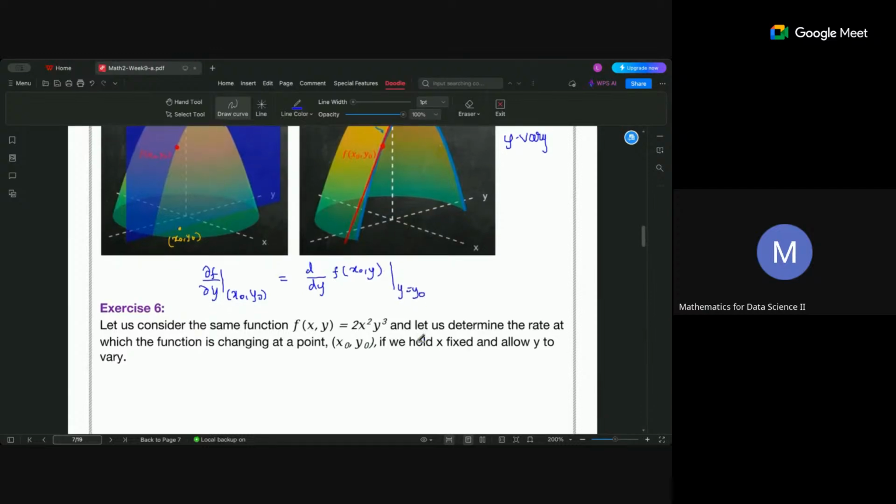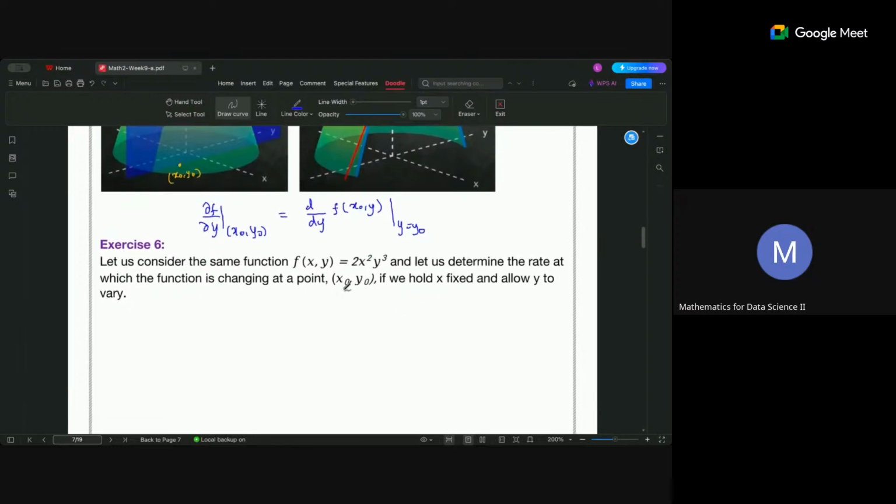Whatever function we considered earlier, the exact same function is here also. Now we are going to find the derivative with respect to y. So let us consider the same point x naught, y naught. Now what is dou f by dou y at the point x naught comma y naught? It is simply d by dy of f of x naught comma y at the point y is equal to y naught.